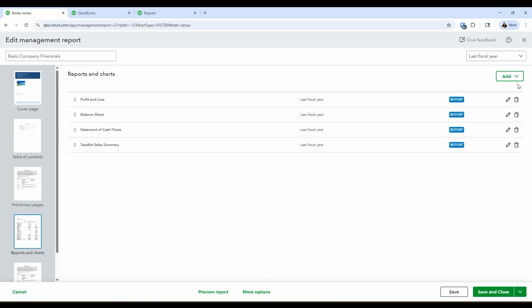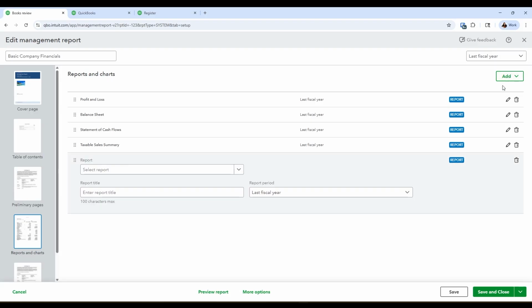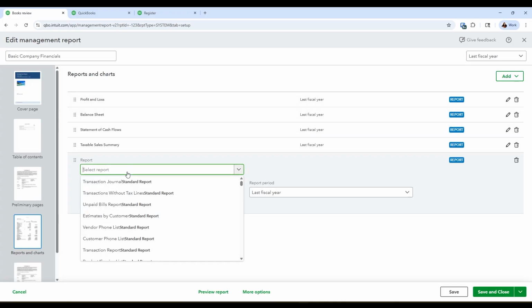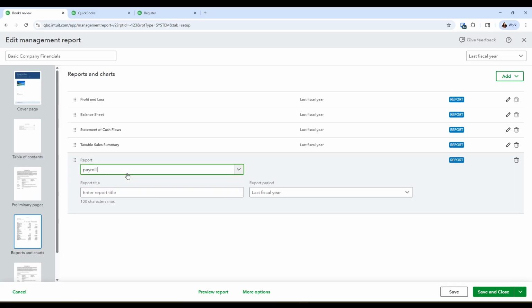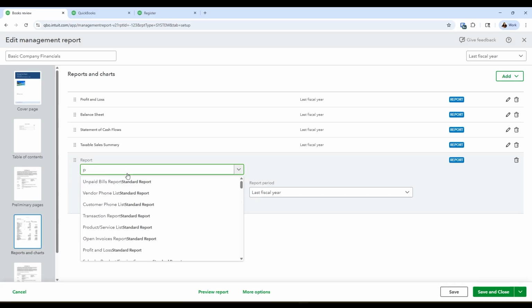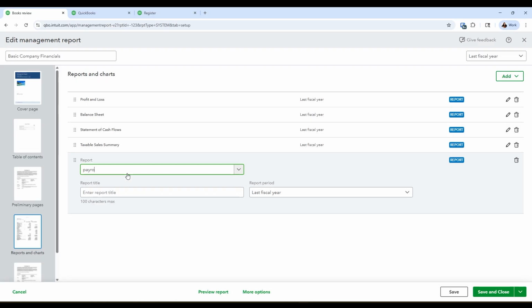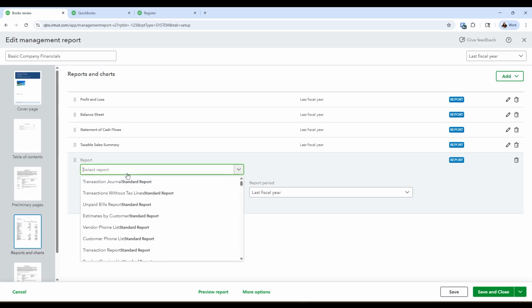You want to take a look. If you run payroll through QuickBooks, very important. Only if you run payroll through QuickBooks, you can add the payroll summary report. Now, this account does not have payroll, so you're not going to see it. But if you do, you're going to see it here.